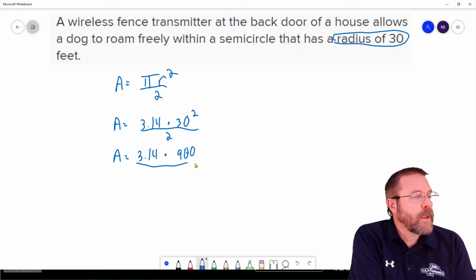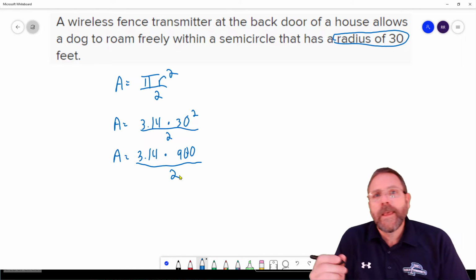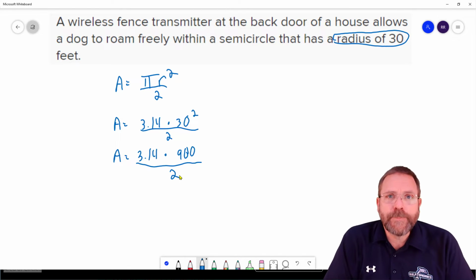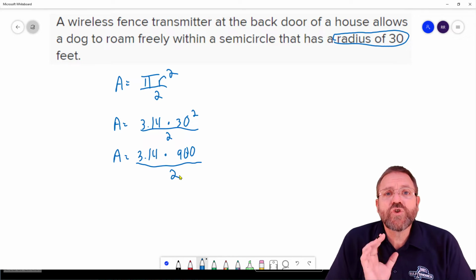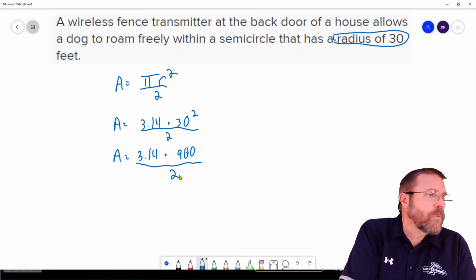And once again, we have all divided by 2. At this point, I have options. I can multiply 3.14 times 900. I can divide 3.14 by 2. Or I can divide 900 by 2. And dividing 900 by 2 is stupid easy. So that's what we're going to do first.